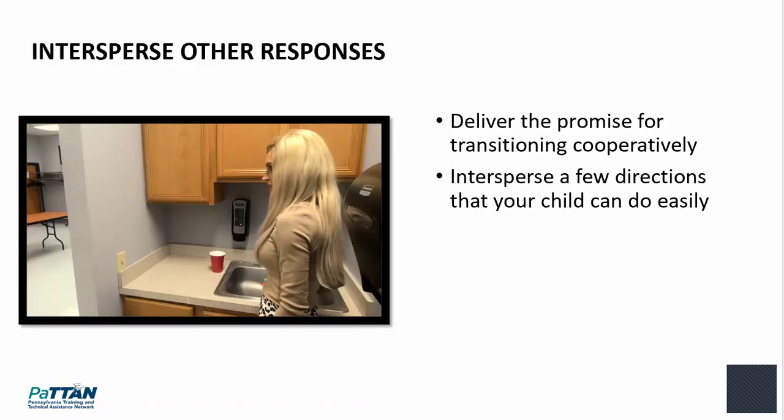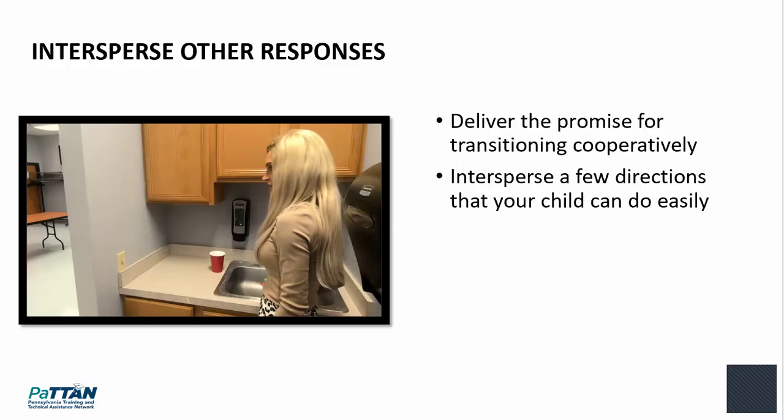As your child learns to make smooth transitions, you can gradually intersperse other types of responses. This is going to help build their ability to make longer transitions and do other things in between. You want these things to be easy enough that your child can respond successfully.